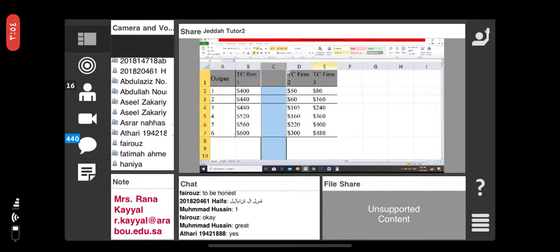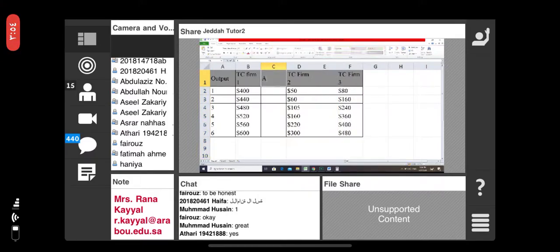So I will calculate: insert the average total cost of firm 1, the average total cost of firm 2, and then the average total cost of firm 3.